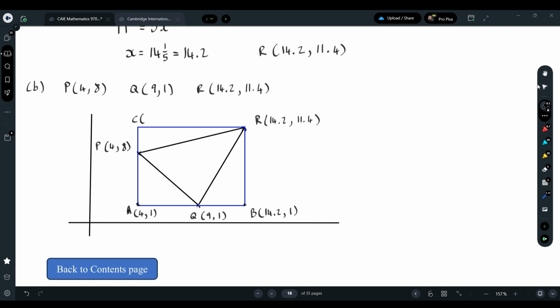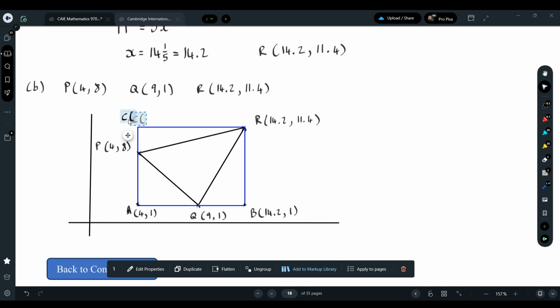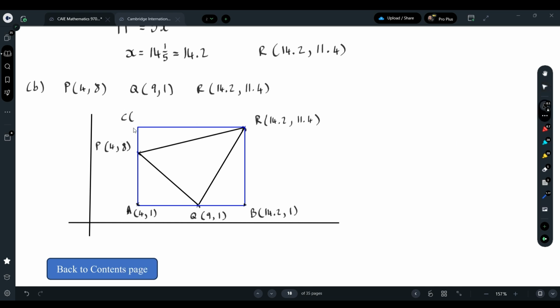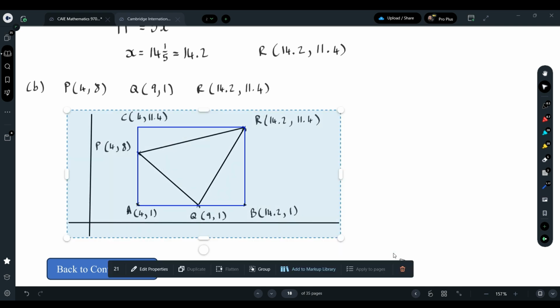The coordinates of C would be the same x-coordinate as P and A, which is 4, but the same y-coordinate as R, which is 11.4. Yep.